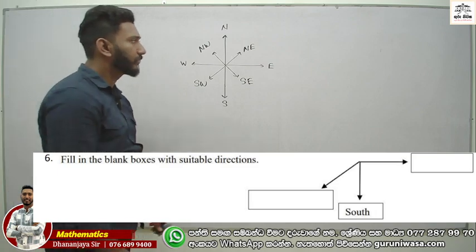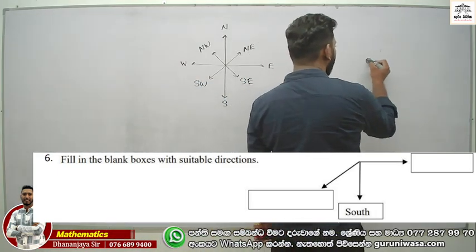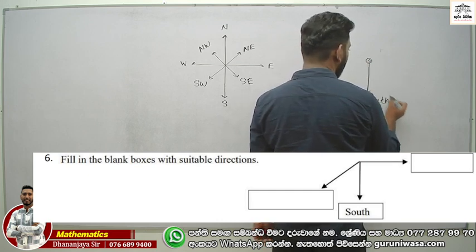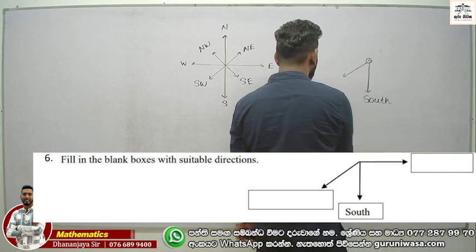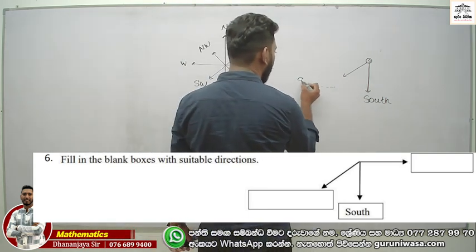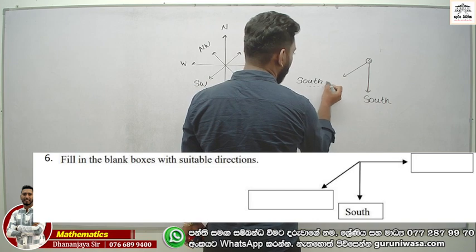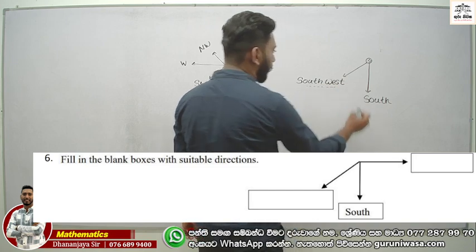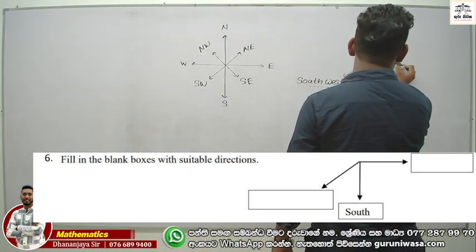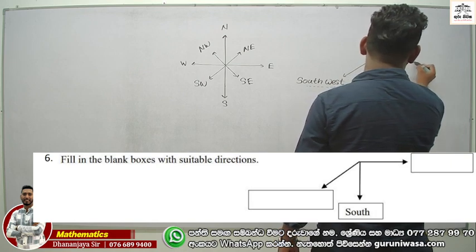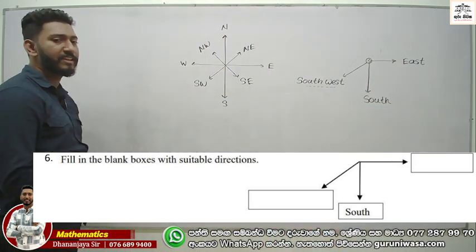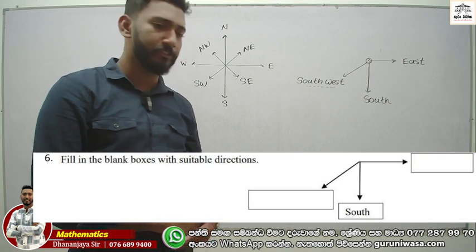Now look at this. There are blank spaces, and this is the middle point. What is the answer? This direction we call southwest. And the next one, in this direction, we call east. Easy thing.